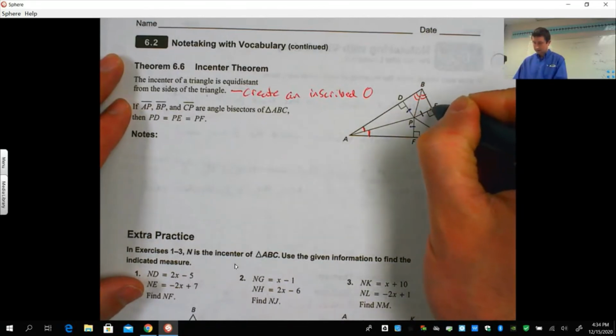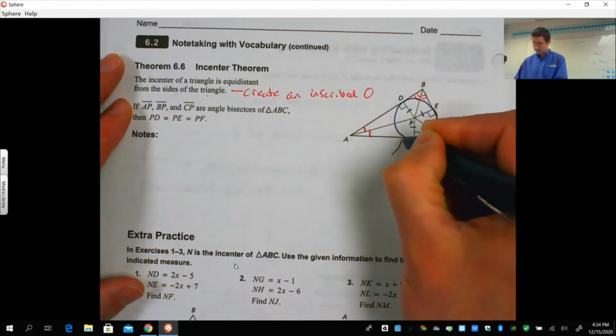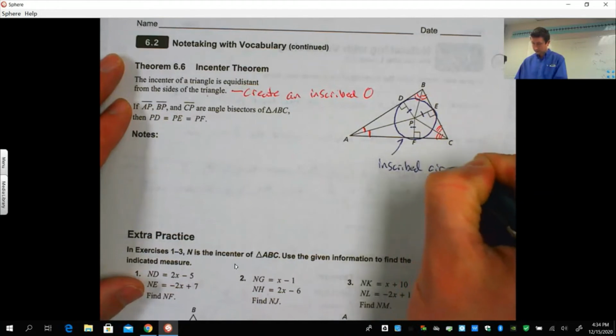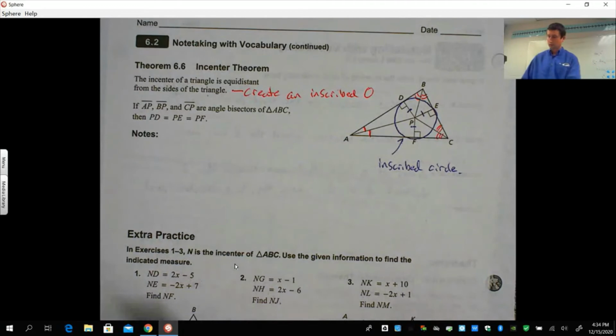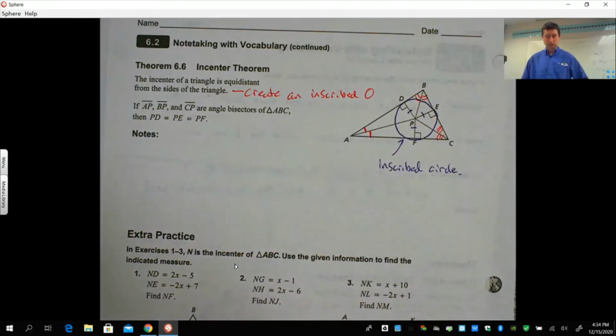That makes a circle on the inside. So that's what we refer to as an inscribed circle. It is in the shape, not outside the shape. So circumscribed goes around the outside like a circumference goes around the outside of a circle. There's a CIR, C prefix again.